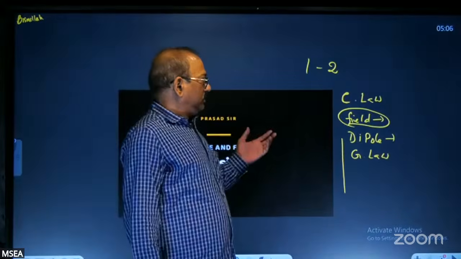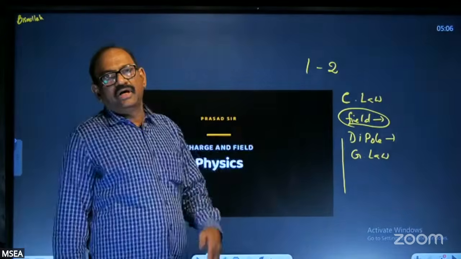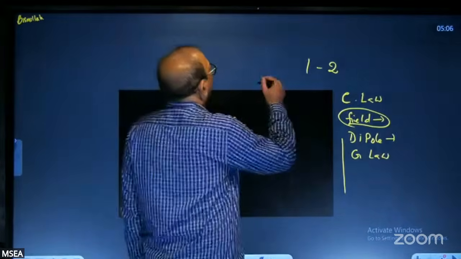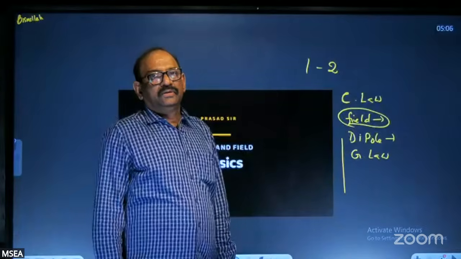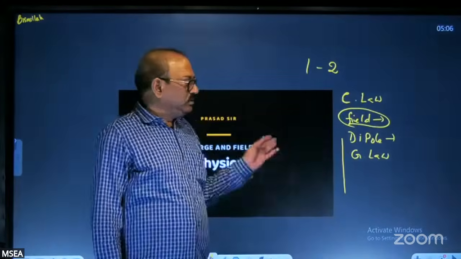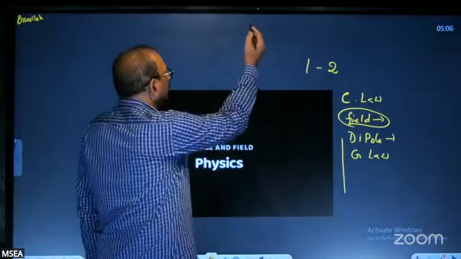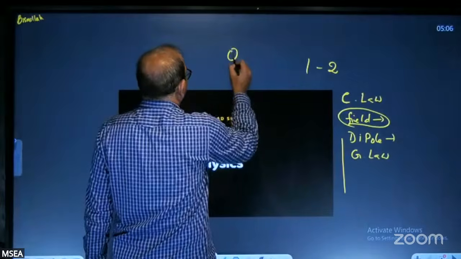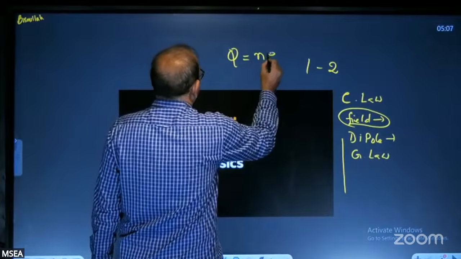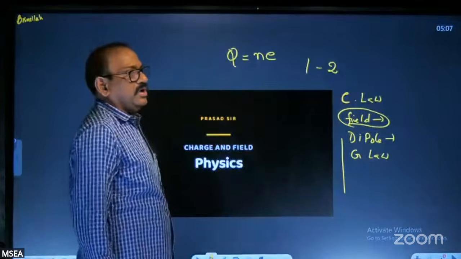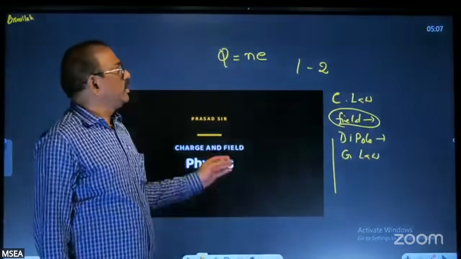And some basic conceptual questions like properties of charge. It means charge possessed by any substance in nature must be integral multiples of electron charge. Charge is quantized.